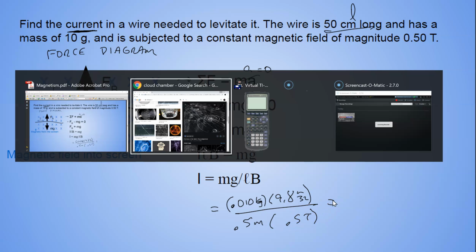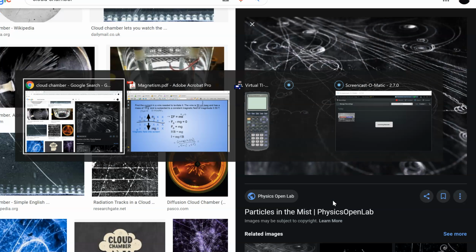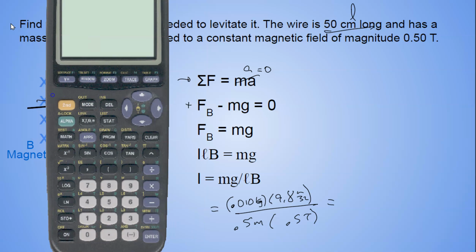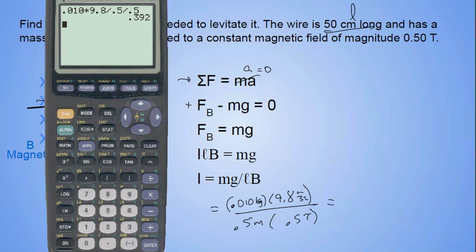And then I come in here and I can punch that up, see what I get. Here's 0.010, if you like, times 9.8, divided by 0.5, also divided by 0.5, and that comes up to 0.392.